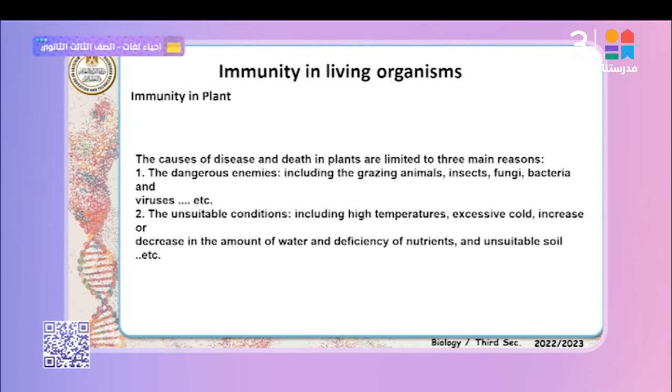Immunity in the plant. The plant is exposed to many dangers, causes of death and harm. Number one, dangerous enemies. Number two, unsuitable conditions. Number three, toxic substances. First, dangerous enemies, for example grazing animals.